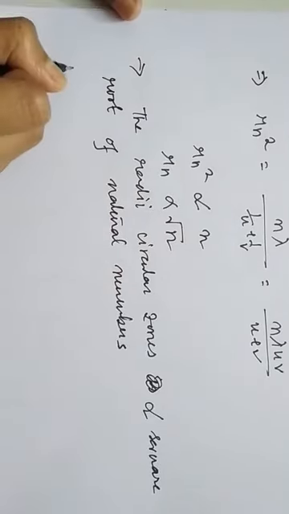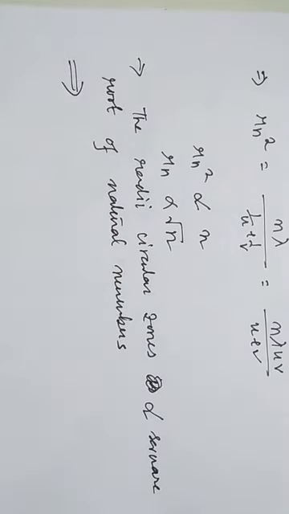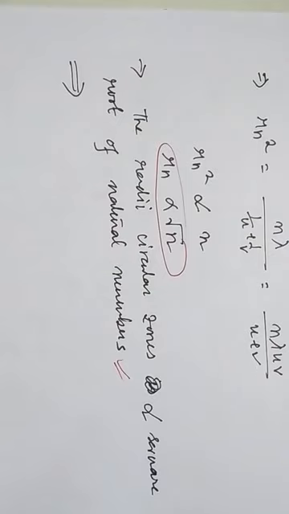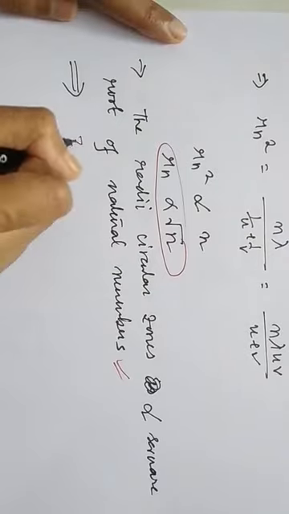So if we want to observe the focusing action of the lens, the circles on the zone plate must have their radii proportional to the square root of the natural numbers. It is clear from this relation that the radii of the zones are proportional to the square root of the natural numbers. That is why a zone plate is constructed.